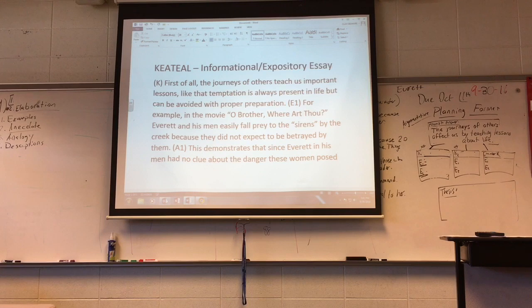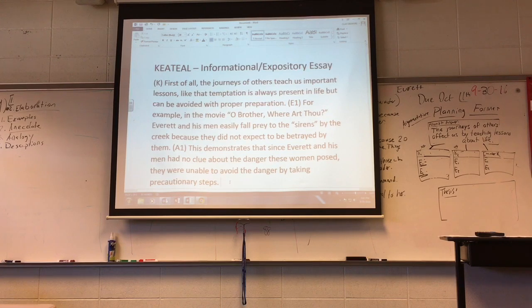So this demonstrates that since Everett and his men had no clue about the danger these women posed, they were unable to avoid the danger by taking precautionary steps, something like that. So this demonstrates that since Everett and his men, look at this, I'm using "in" right here. Shame on me, always read over your stuff. Everett and his men had no clue about the danger these women posed.